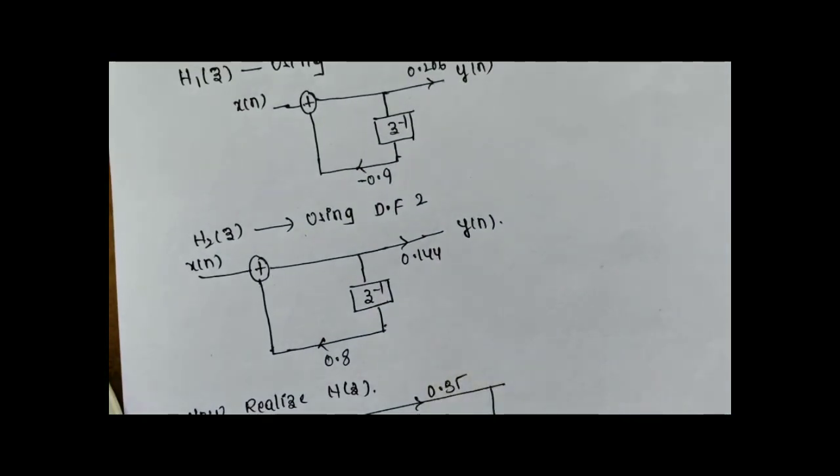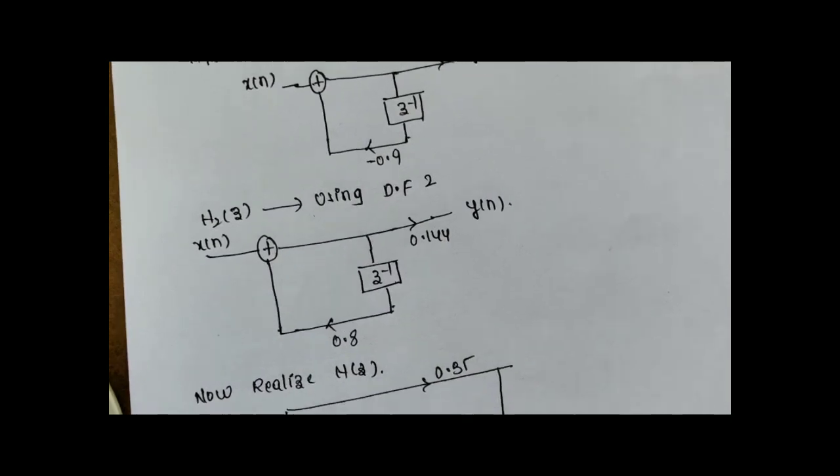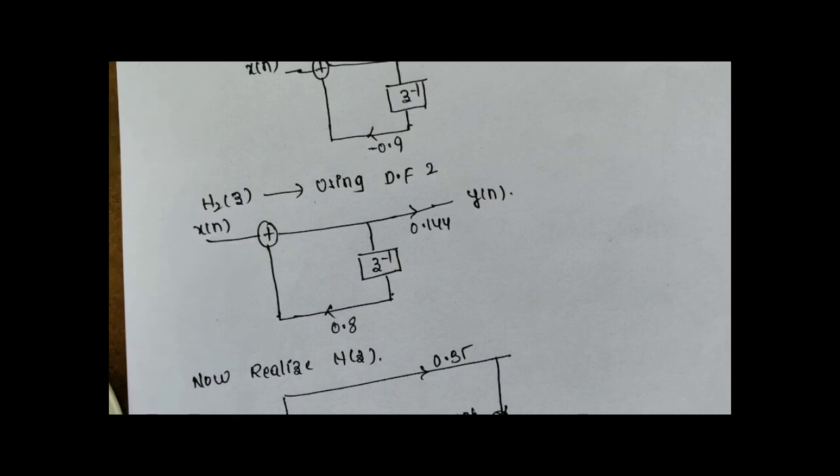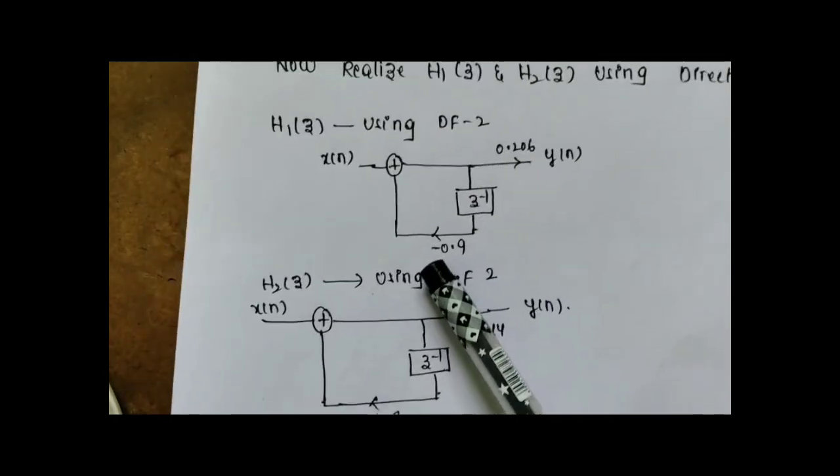And for this I am implementing it like this. For better understanding of the direct form 2 structure, you can see my direct form 2 structure explanation in detail, but here I have drawn it in a very simple way. Now you have to implement these two in parallel, and 0.35 is the above one.